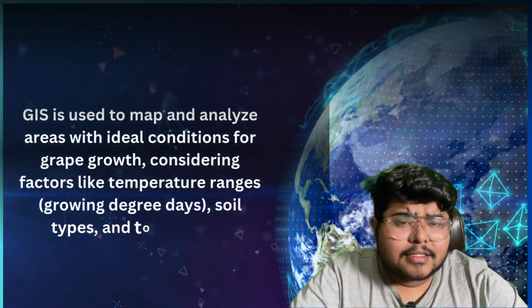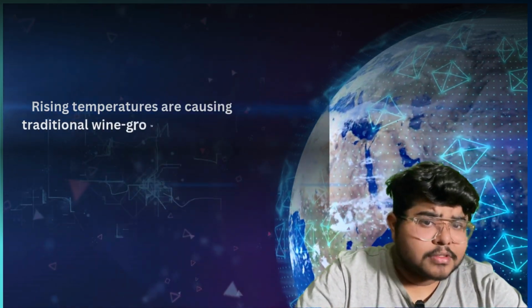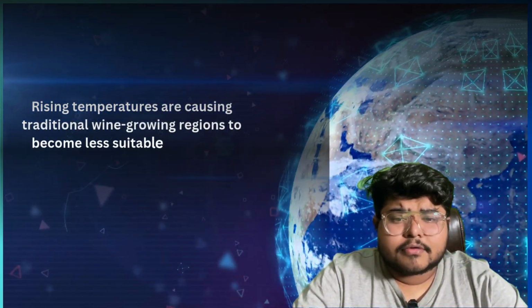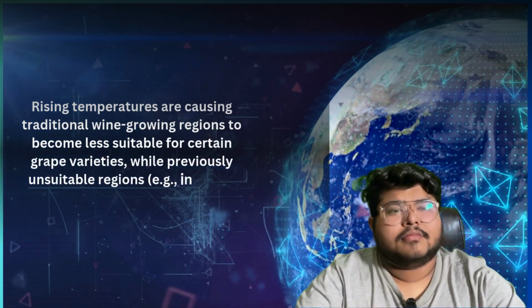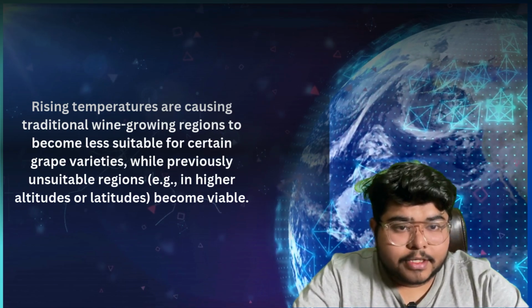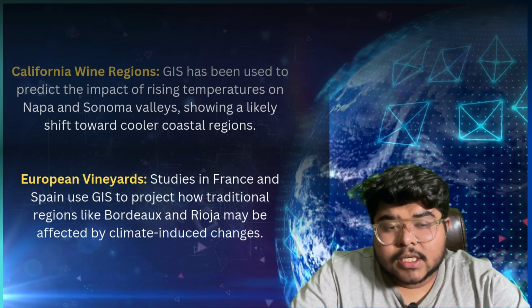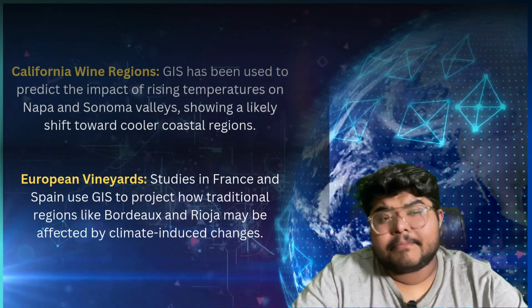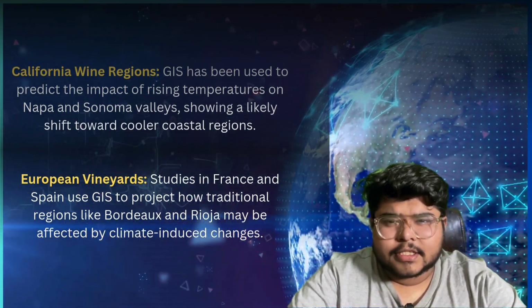But I think that's not the weird thing. It can be used, and we are using it for different types of crops as well. So for vineyards, we can track that. That analysis can tell whether we will make a profit or be in a loss. But yeah, this is also a use case where they are using it.